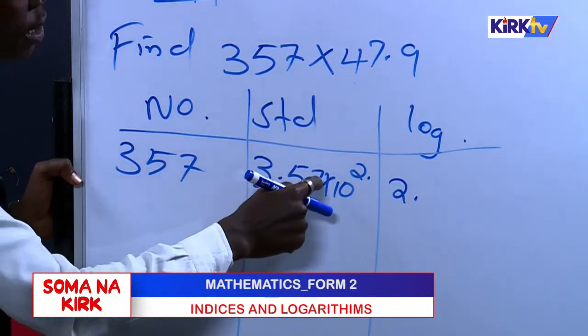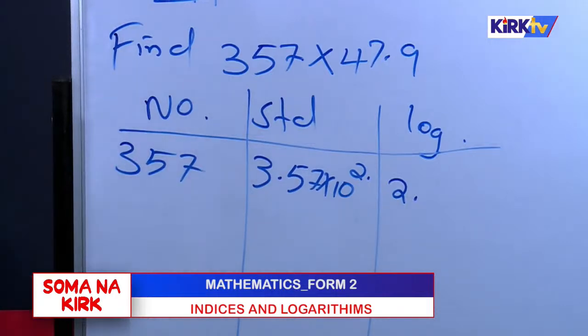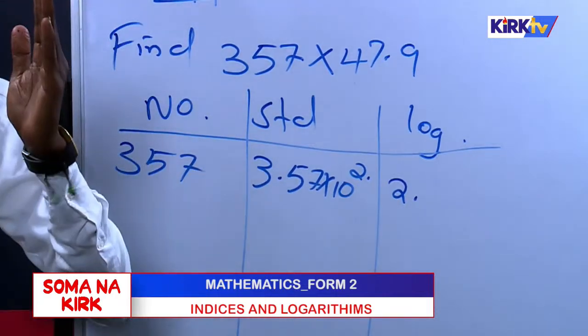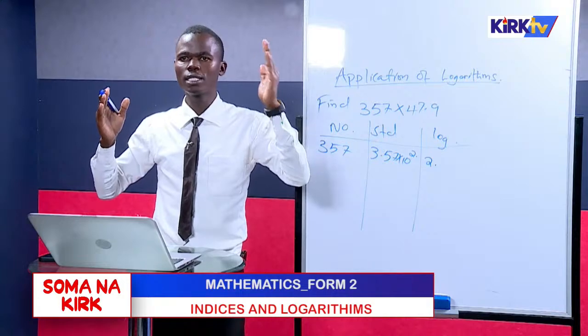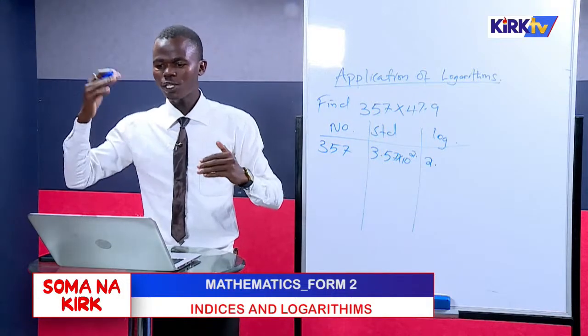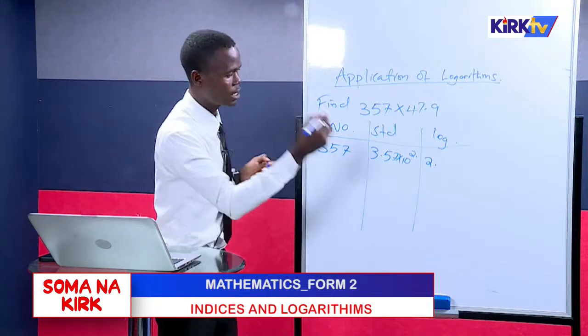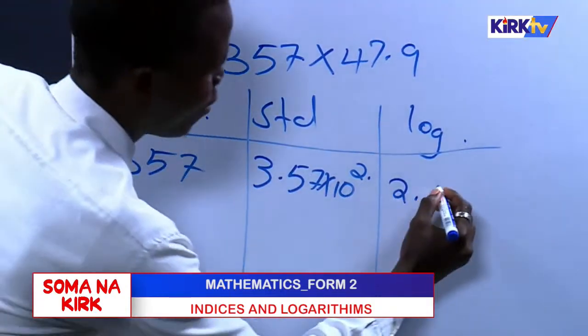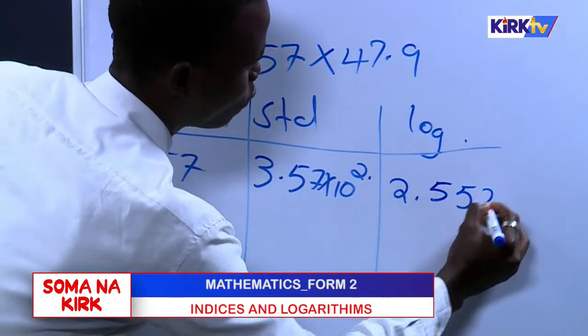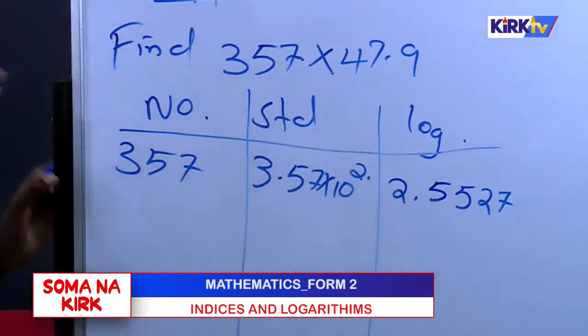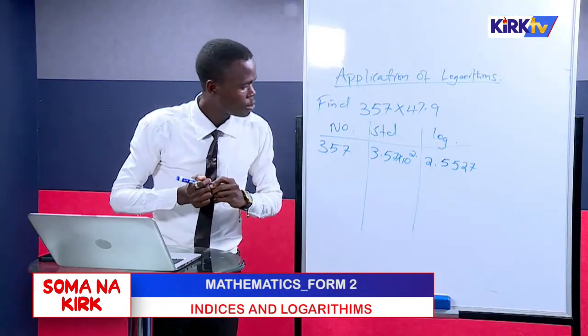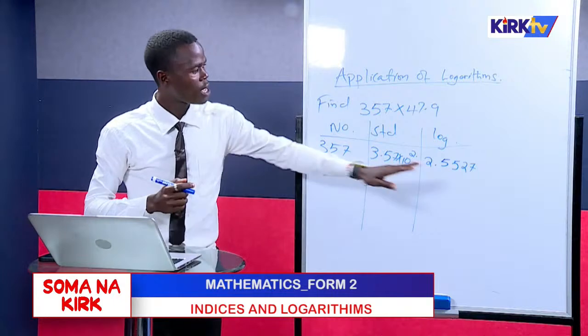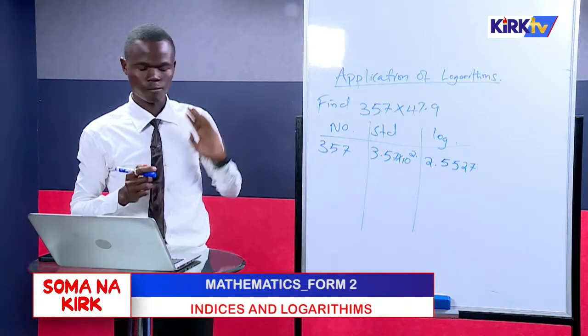From there we check the number 7, which lies in the column between 0 to 9. When we check that, we are going to find that our answer will be 2.527. Now, this is the logarithm of this number.